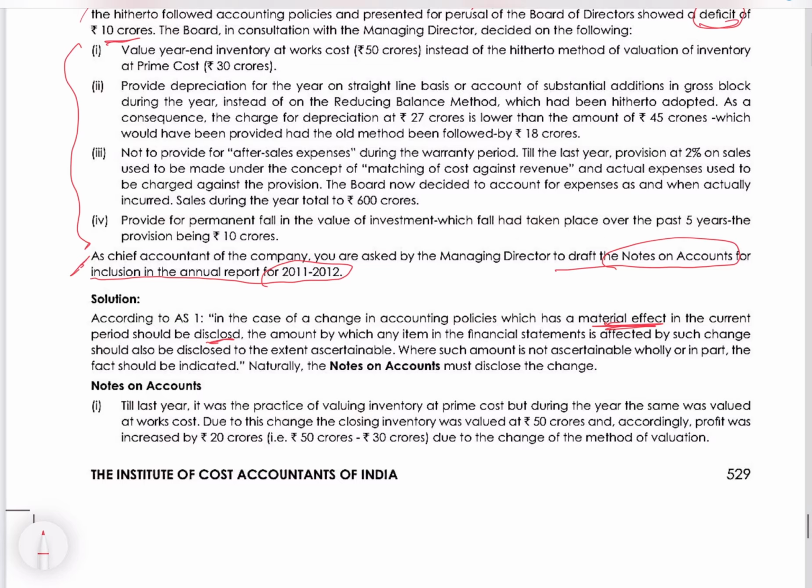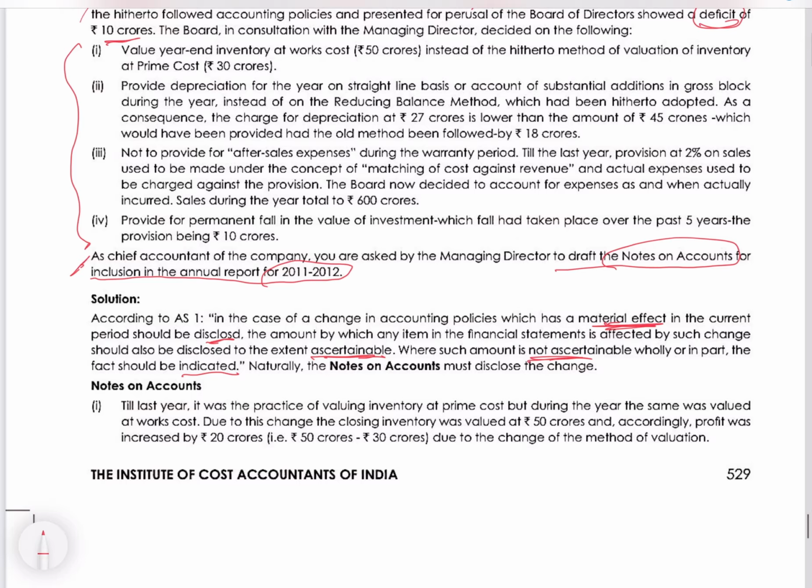The amount by which an item in the financial statement is affected by such change should be disclosed to the extent ascertainable. Where such amount is not ascertainable wholly or in part, the fact should be indicated. If you know the figures, how much it has impacted, then give those figures.